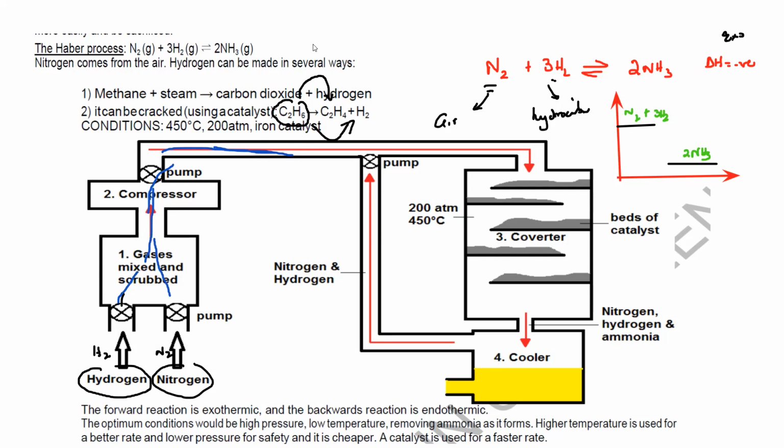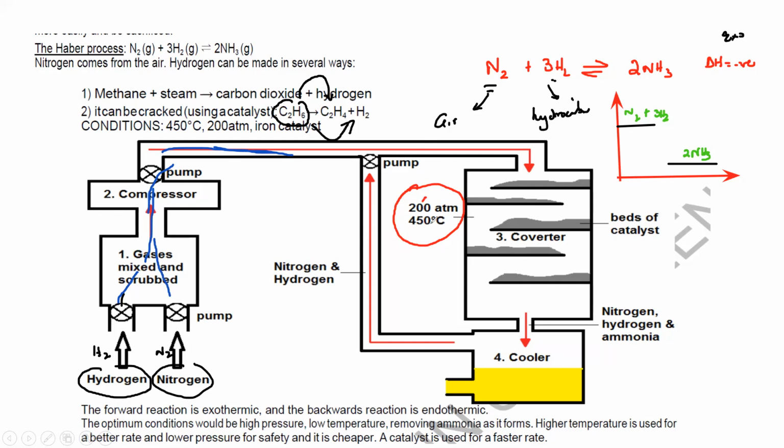The catalyst which we use for this reaction is iron. So when nitrogen and hydrogen are pumped into this chamber, they move over the catalyst. And what are the conditions? You have to learn these reaction conditions. The reaction condition is 200 atm, the pressure which we apply, and the temperature is around 450 centigrade.